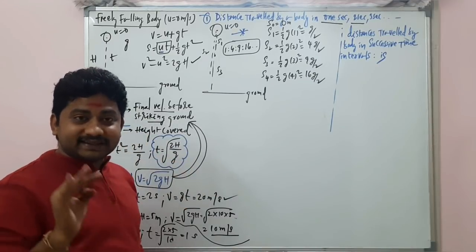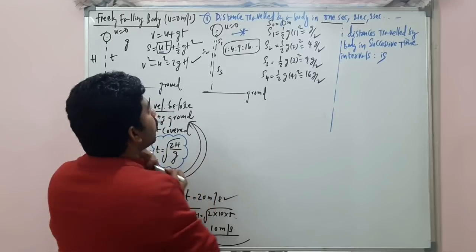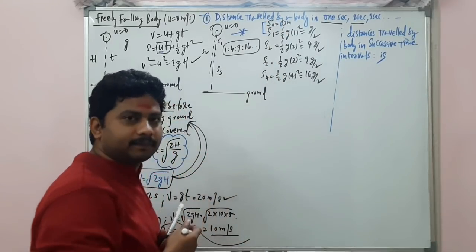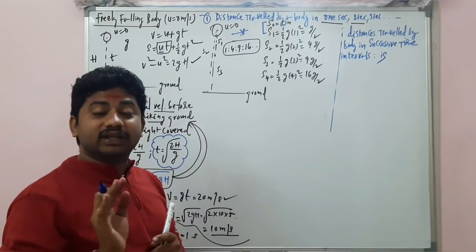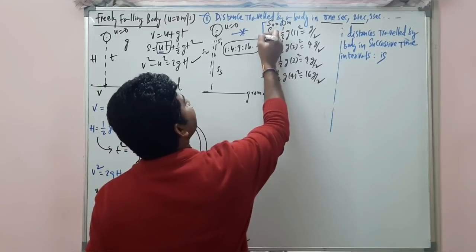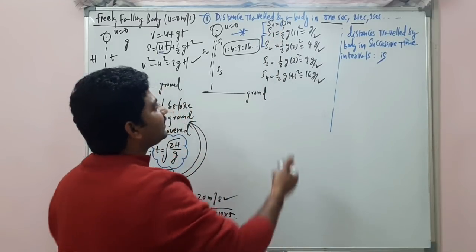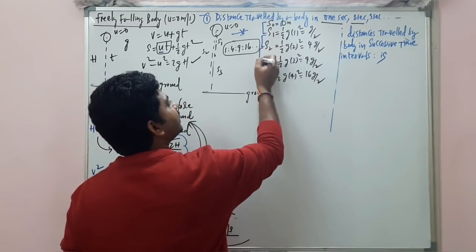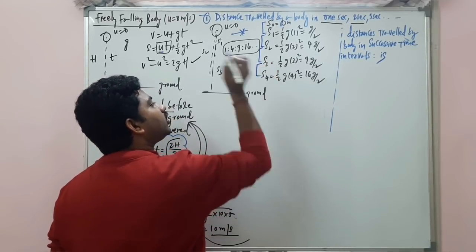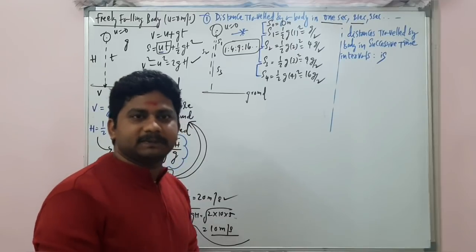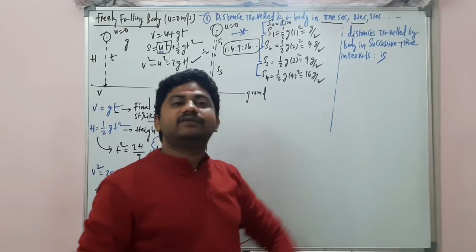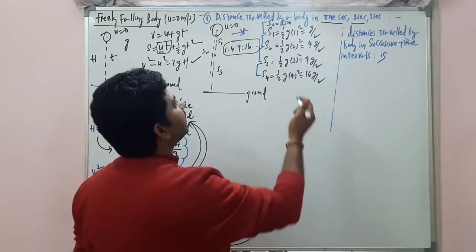That's the most important. Successive time intervals means what is the distance travelled by the body in the first second? What is the distance travelled by the body in the second second? What is the distance travelled by the body in the third second? What is the distance travelled by the body in the fourth second? That's the concept. It's so simple, my dear students.